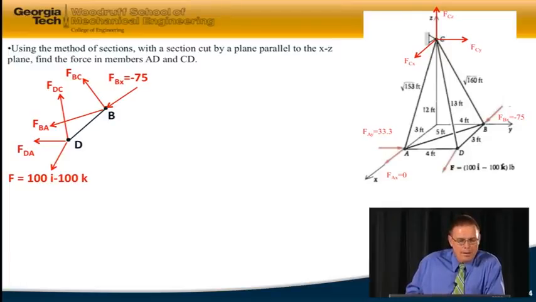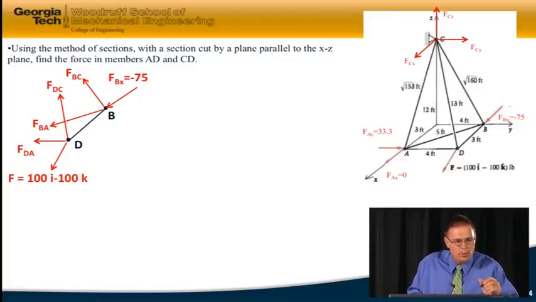And so we're going to have to express the forces that we want in vector form. So I'm going to start by doing the force DC in vector form. We need a magnitude and we need a direction.